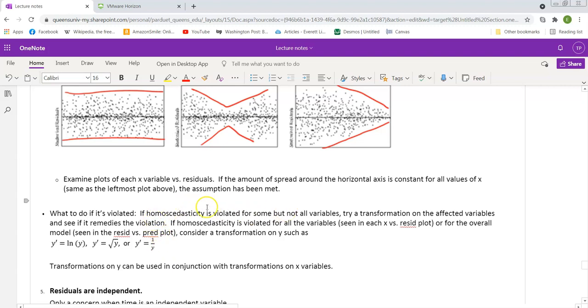I put in here that you might look for plots of each x variable versus the residuals. That's a lot of work to look at, and in theory, I guess you should, but sometimes people are running models with 100 variables. And you could look at that, but your eyes would probably cross in no time.